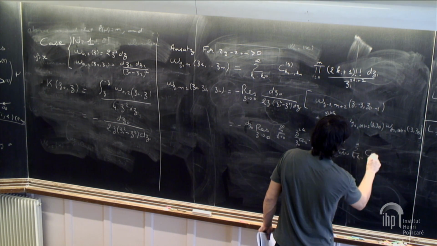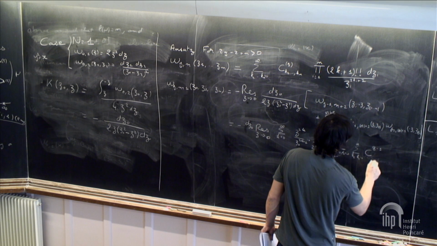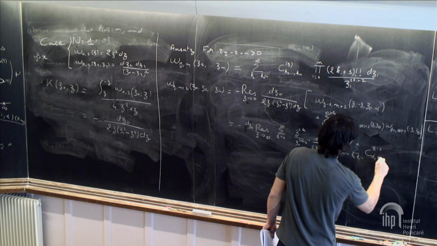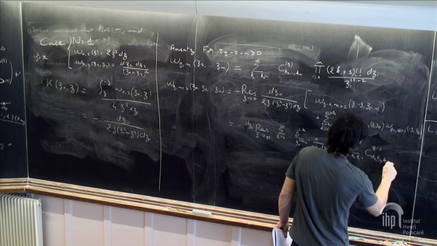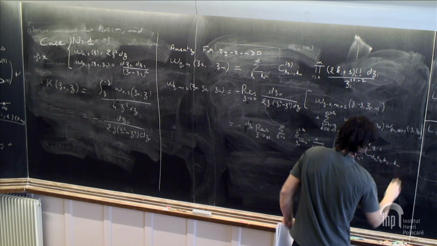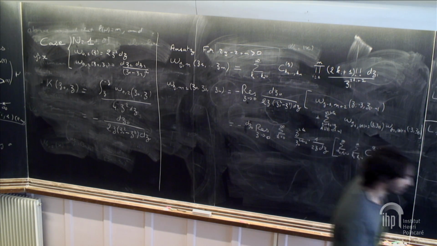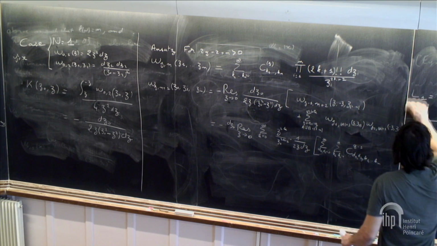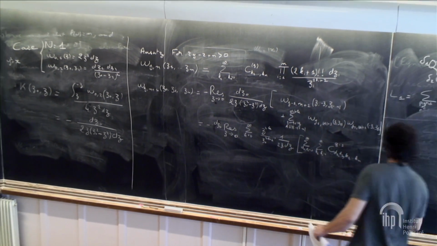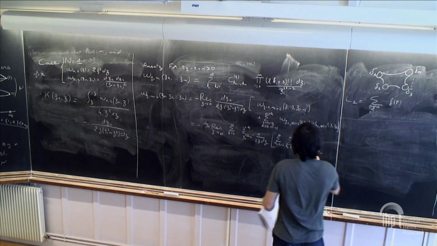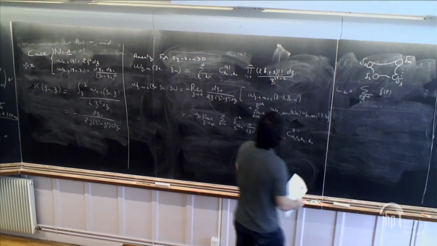The coefficient is c, g minus 1, d1, d2, k1, kn. And it comes with what?